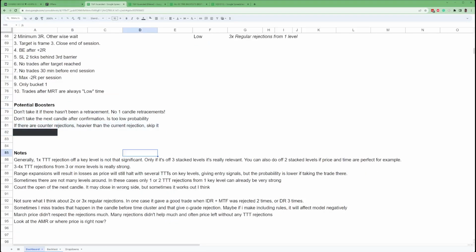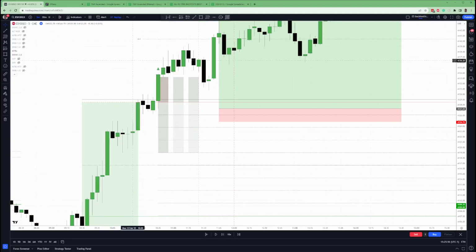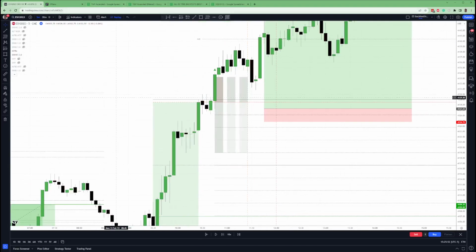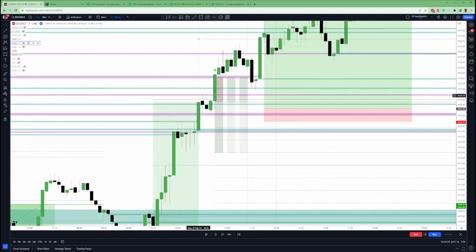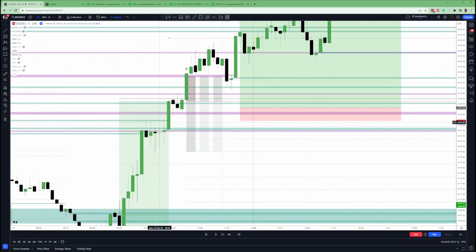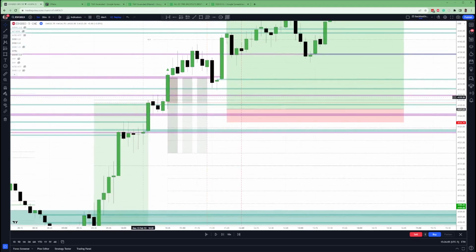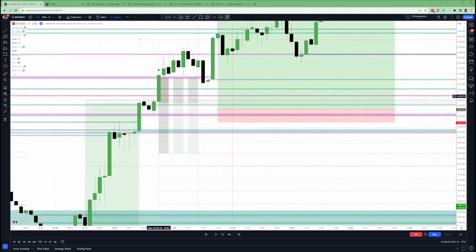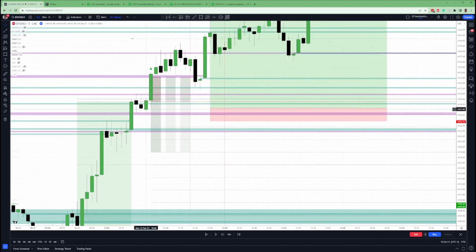And another thing that is really important actually is counter rejections, as I like to call them. And a counter rejection is whenever price makes a top here, for example, and it rejects from something, then it retraces and it gives you an entry. So depending on how bad the rejections are at the top, the more it influences your setup, your position.